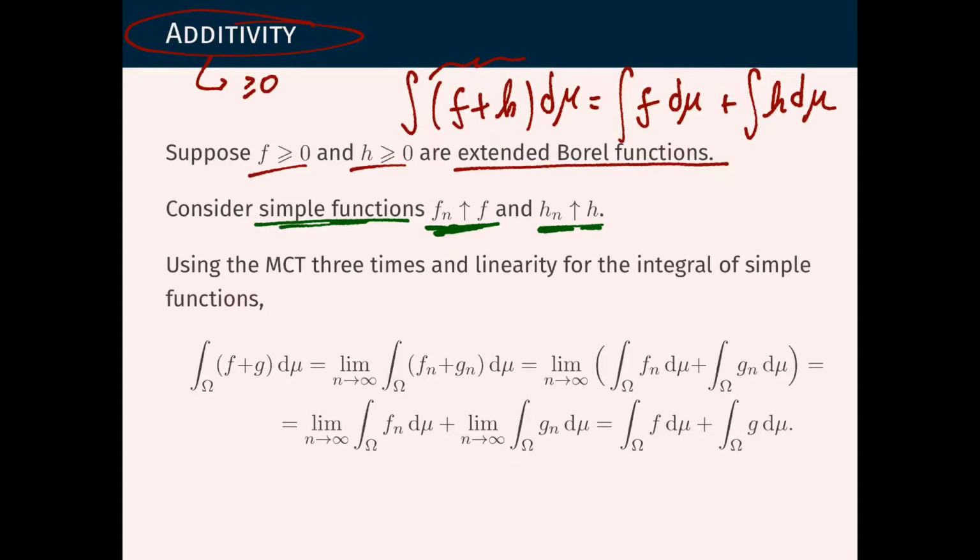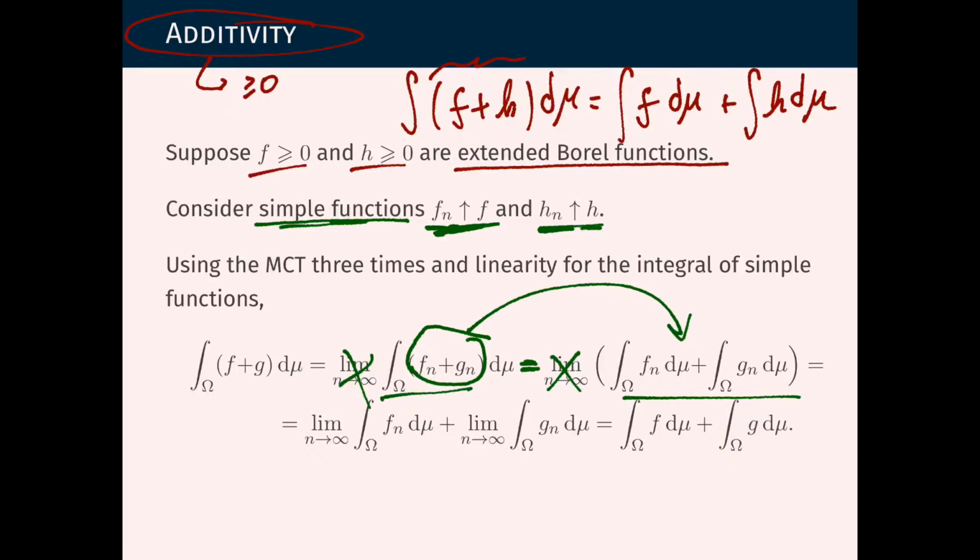Here it is. The sum of these two is a simple function. And we know the integral for simple functions is linear. In particular, it's additive. So we can split this. So if we ignore the limit, this equality here holds, because for each fixed n, this integral equals the sum of these two integrals.